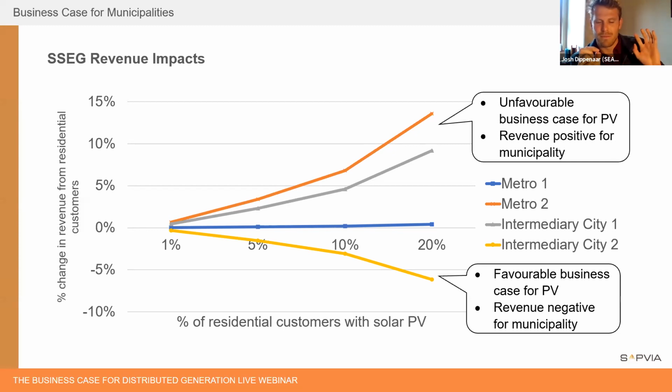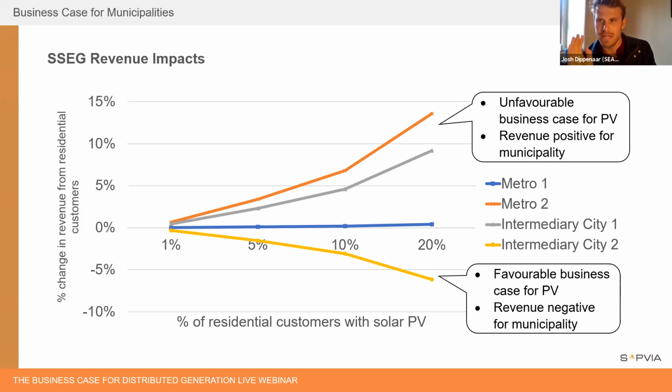So when customers move from being normal residential customers on an inclining block tariff onto this high basic charge tariff, that's an increase in revenue for the municipality. And then the other one, Metro 2, the orange one, was only compensating the customer 10 cents per kilowatt hour. Compared to what you would be paying Eskom for electricity, that 10 cents is obviously a huge bargain, much cheaper than buying power from Eskom. So that's an increase in revenue.